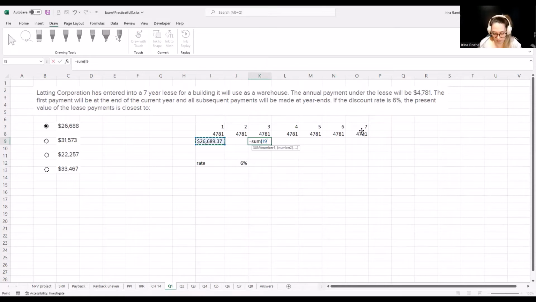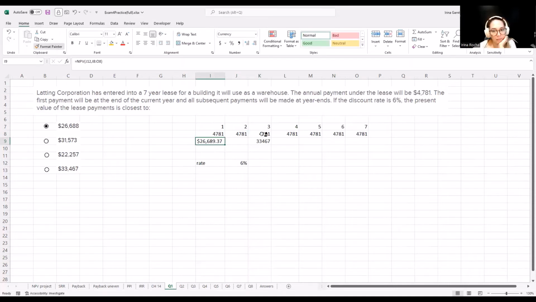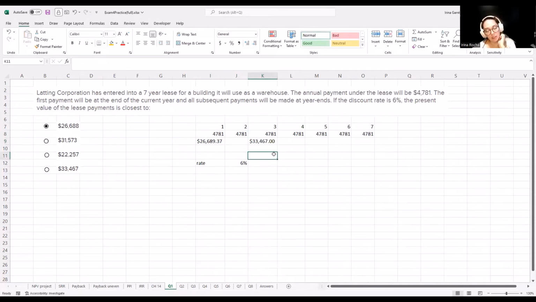You could think, oh, this house in 7 years is going to cost me $33,000. But a dollar today is worth more than a dollar in the future. So if I take $26,000 and invest it at a rate of 6%, I'm going to be able to pay all of that during the years.